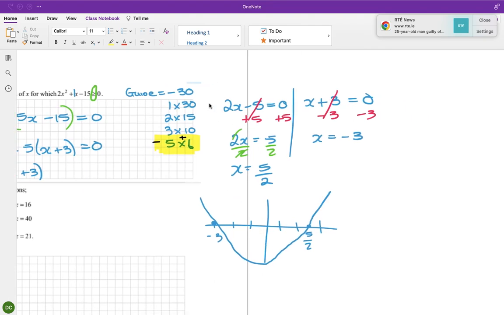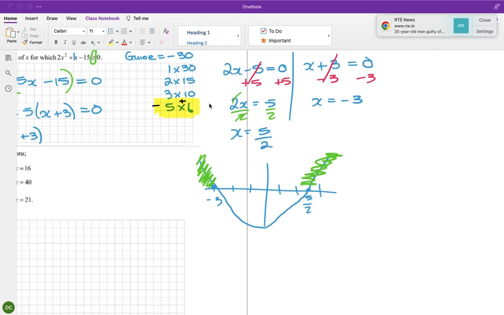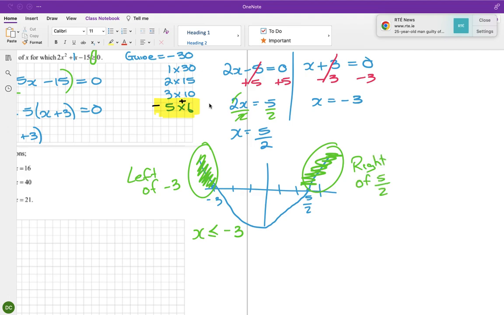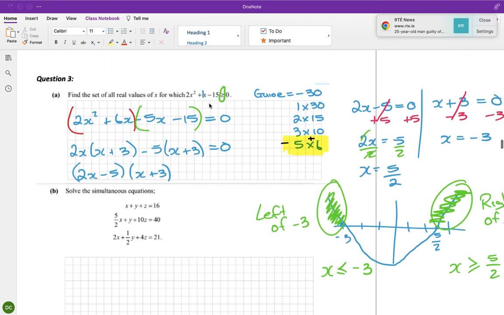So greater than 0 is here and here. This scribbling is on the left of minus 3, so x is less than or equal to minus 3. And this scribbling is on the right of 2.5, so x is greater than or equal to 2.5. And then just make sure there were no eliminated solutions, which there weren't. So there are my answers.